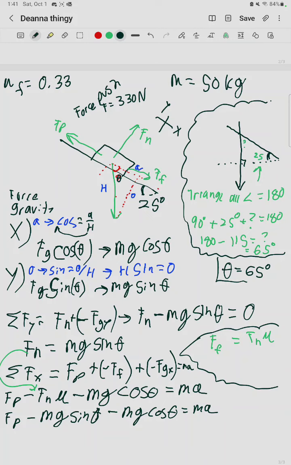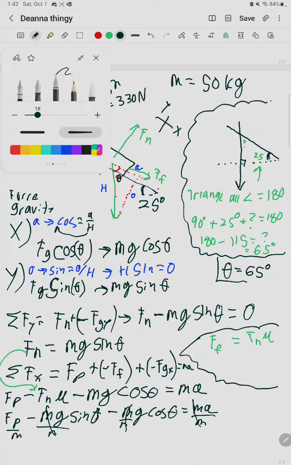But for right now, you don't have to worry about that. Okay. And then we can just plug it all in to find acceleration. So we could divide everything by m here. Then you plug it in.